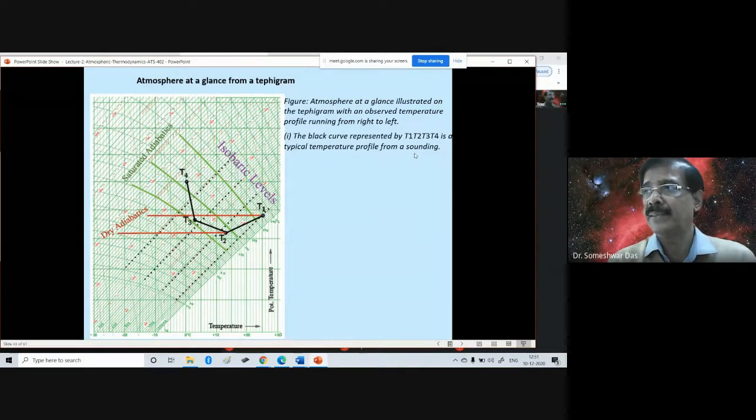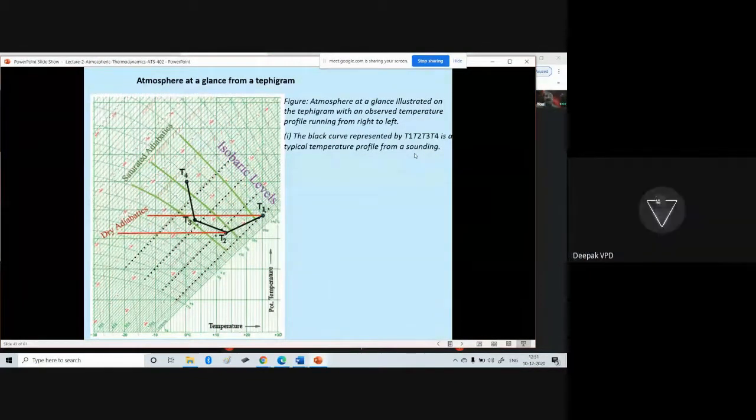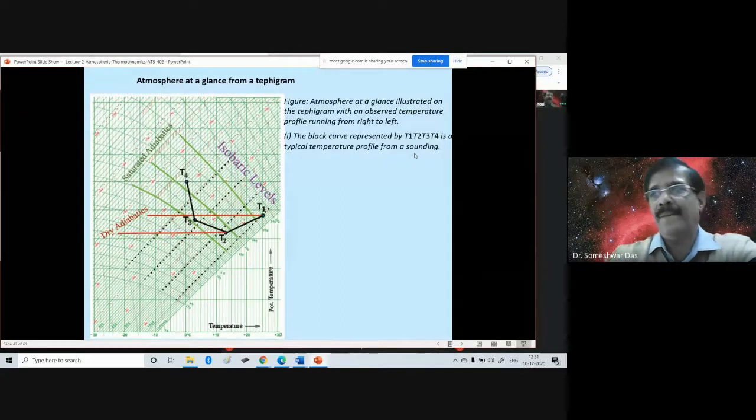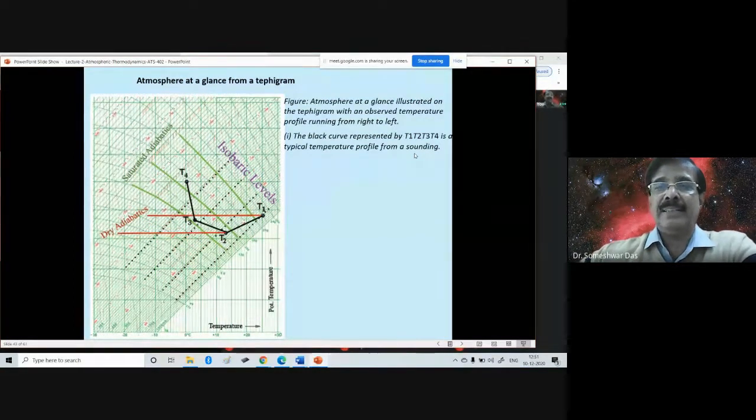You must have heard about the sounder. In the satellite, sensors are fitted to observe atmospheric properties.